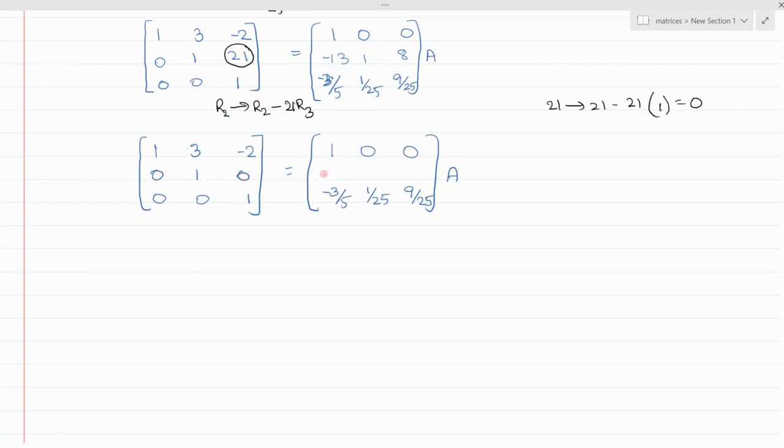Here minus 13 changes to minus 13 minus 21 into minus 3 by 5, which becomes minus 2 by 5. And here it is 1 minus 21 by 25, that is 4 by 25. And here it is 11 by 25.